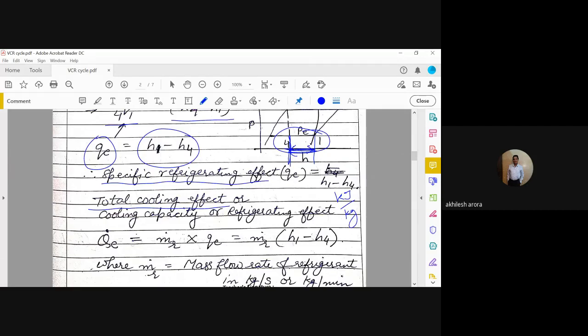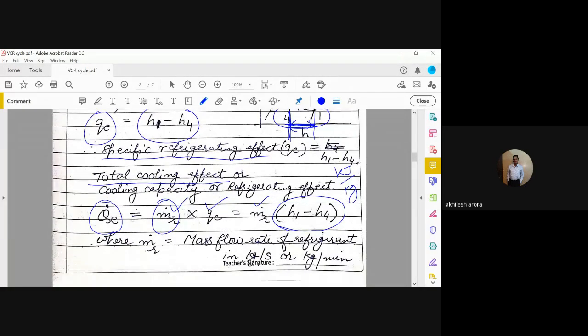So let us consider that the mass of the refrigerant which is circulating through the system is m_r dot. So the total cooling capacity or the refrigerating effect is QE dot, and it is given by the mass flow rate of the refrigerant into the specific refrigerating effect, which is H1 minus H4.